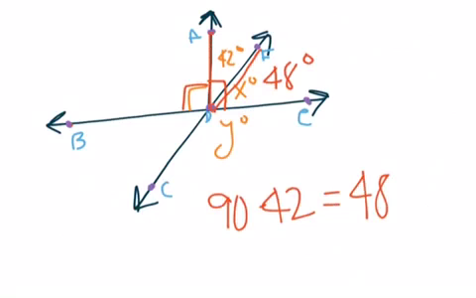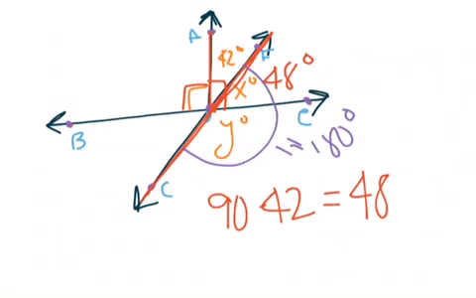Okay. This last one is Y. How are we supposed to figure out Y? If you were to turn your tablet or your phone or look at it differently, and look at it from this straight line perspective, you know that this whole thing right here has to equal 180 degrees, right? Well, we already know 48 is a supplementary angle.